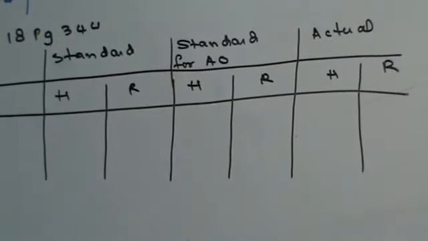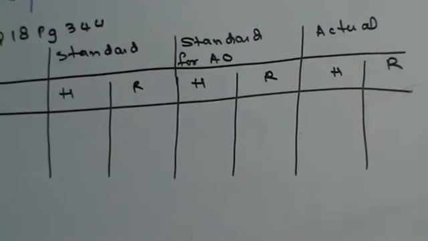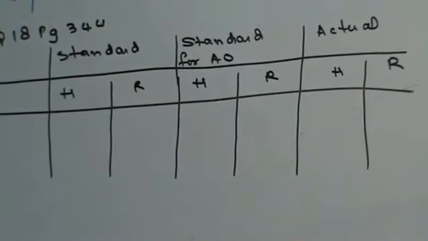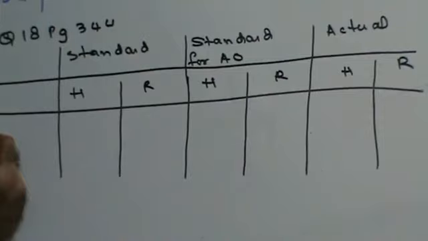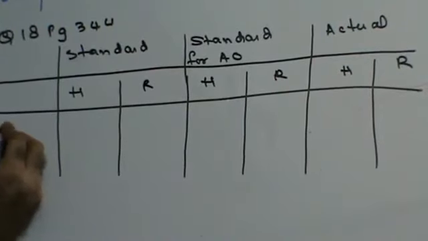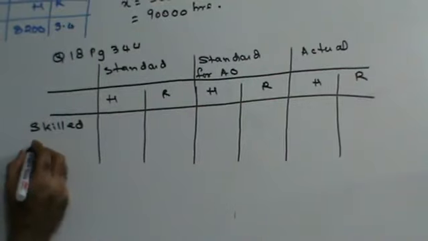Now in the next sum, they've given you different types of labors, right guys, and they have given you the actual output also. Let's see this. They've given you two types of labors, skilled labor and semi-skilled labor.